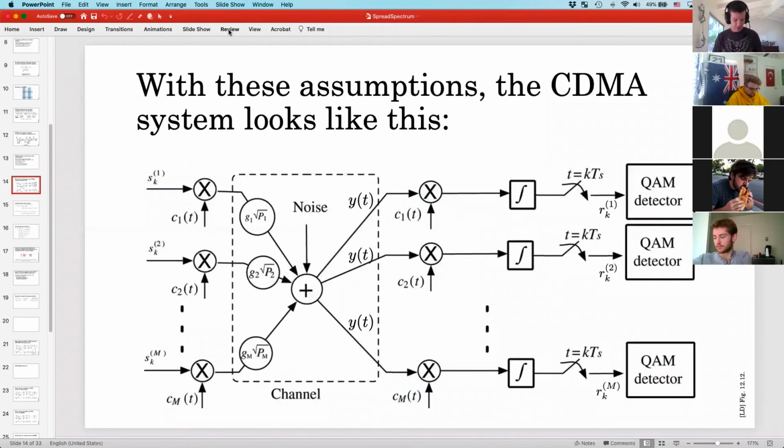So we are going to be trying to do a detection routine in which everything on the right-hand side of this diagram is being done at one location. So we're going to try and decode R_k 1, 2, 3, 4, 5 up to M all at once.